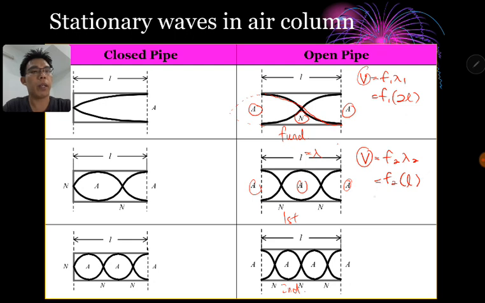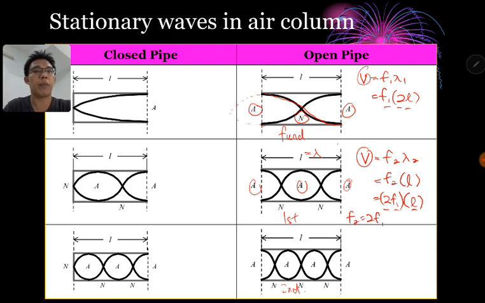If I want to get back the speed similar to the one at the top there, what I need to change for F2 is I must change it to 2 times F1. I must make sure that F2 is 2 times F1, then only I'll get 2F1L, same as the one on top, which means that they are the same speed. So F2 must be 2F1.